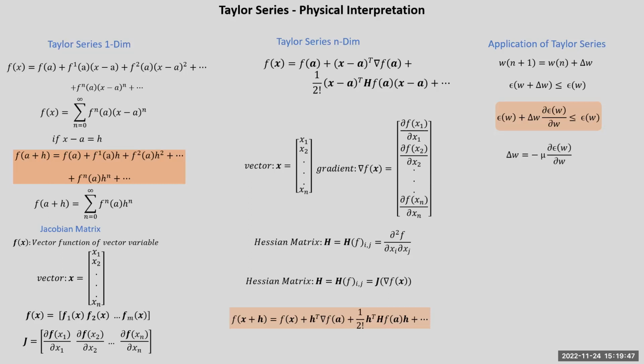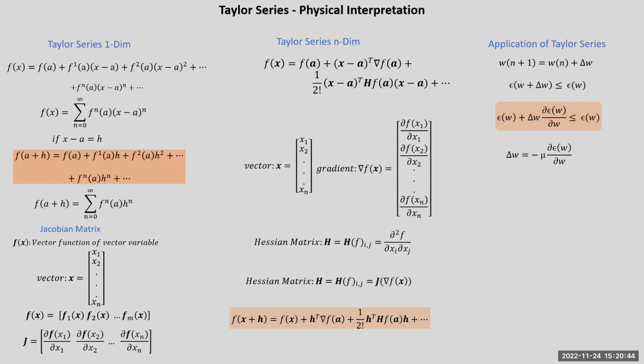The only choice available is that delta W has to be chosen as minus mu into the partial derivative of epsilon W with respect to W. What will happen with the help of this choice is, in the previous equation, the partial derivative of epsilon with respect to W will become a square, and it will always be positive, and therefore a constant mu with a negative sign will ensure the entire term becomes negative, and hence the overall quantity of error in iteration n plus 1 is always less than or equal to error in iteration n.